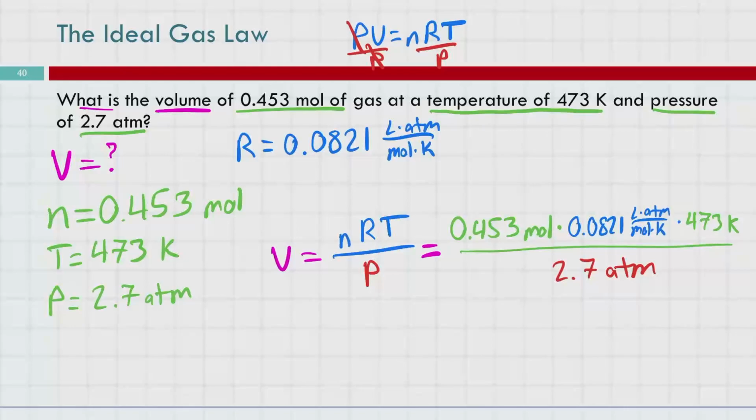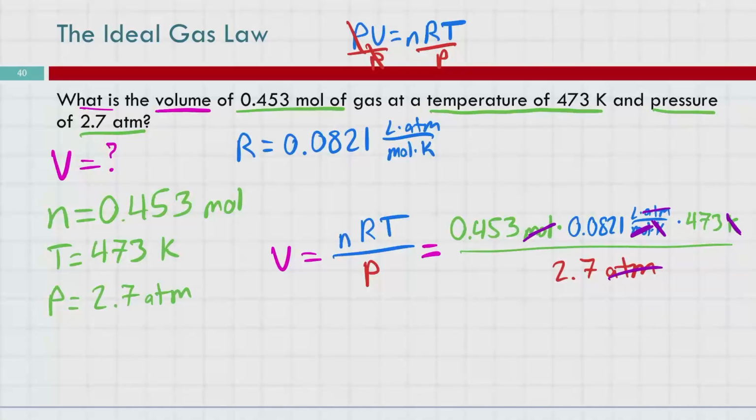And then if we're not sure about the algebra, we might be able to catch ourselves if we screwed up the algebra by checking off, making sure all our units cancel. So we've got moles up here, we've got moles on the bottom of our R value units. We've got Kelvin up top. Kelvin's in the bottom of our R value units, so those cancel too. Atmospheres down here cancels with atmospheres way up there.